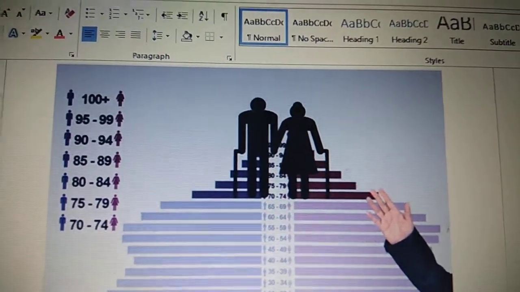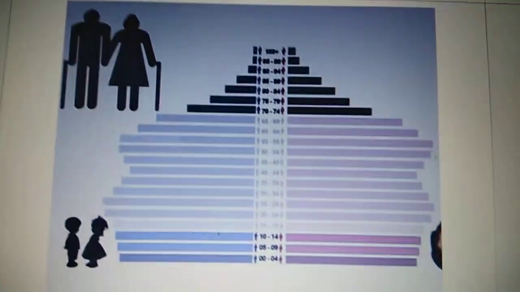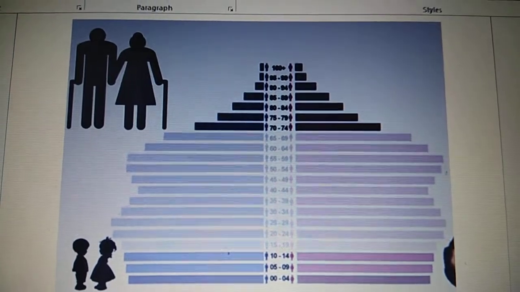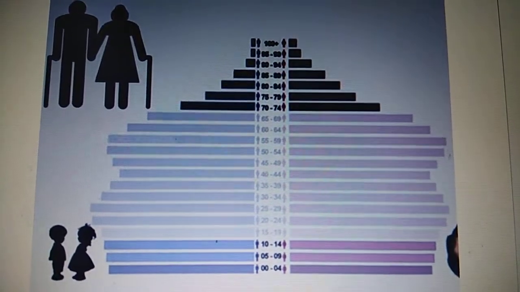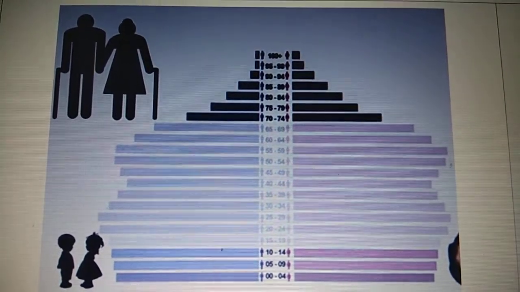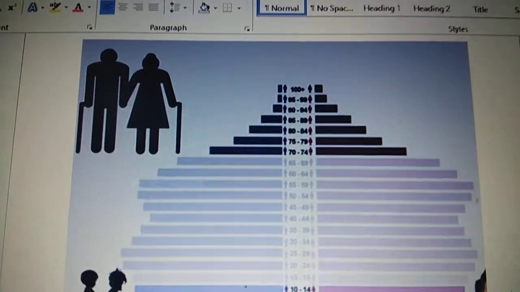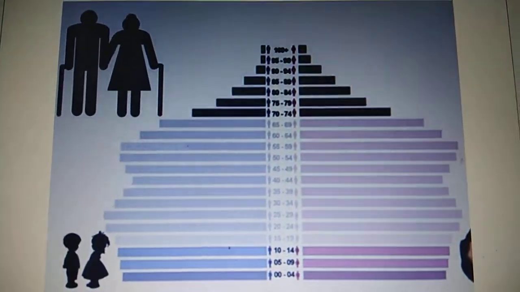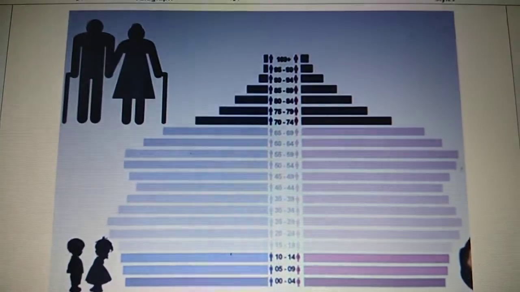The population pyramid also tells us how many dependents there are in the country, and there are two groups of dependents. There are young dependents, which are shown at the bottom of the graph, below 15 years of age, and there are elderly dependents who are above 65. So if there are more young dependents, then the government needs to invest more in schools.